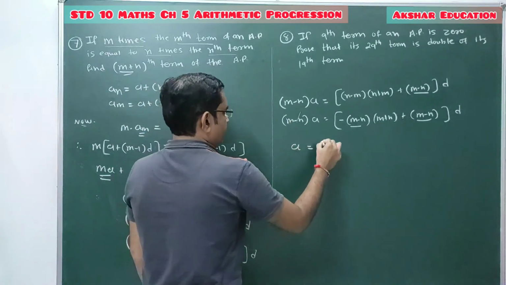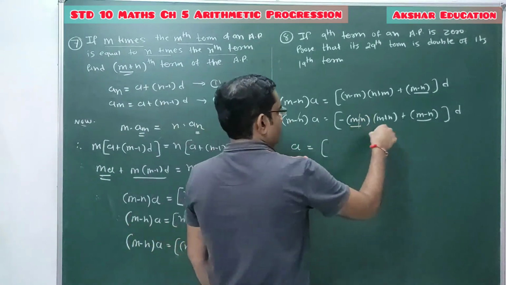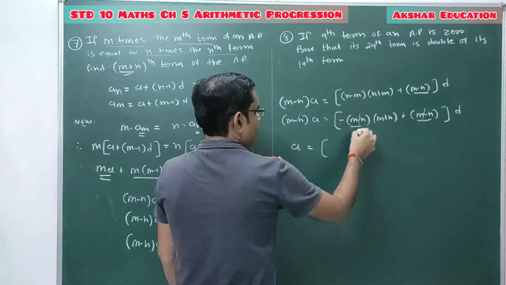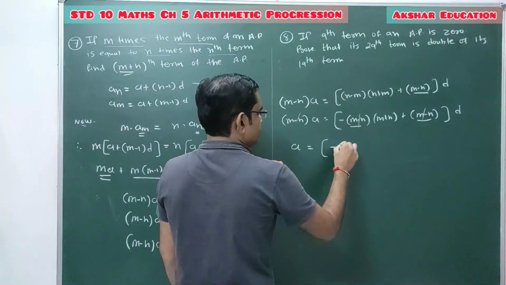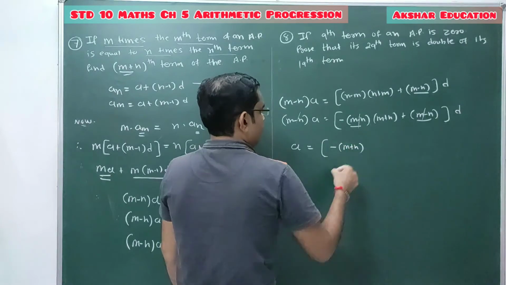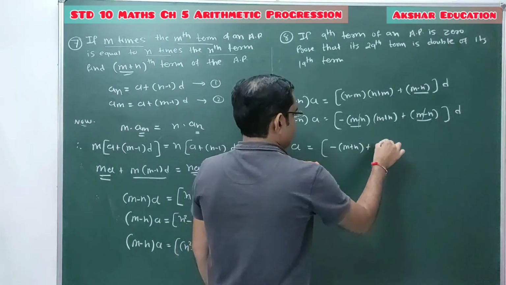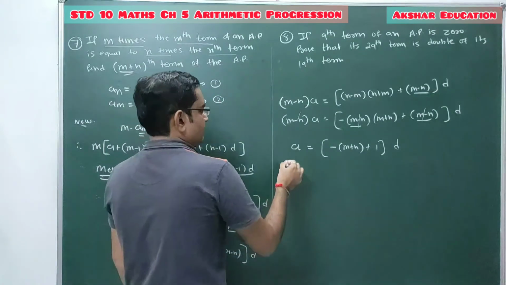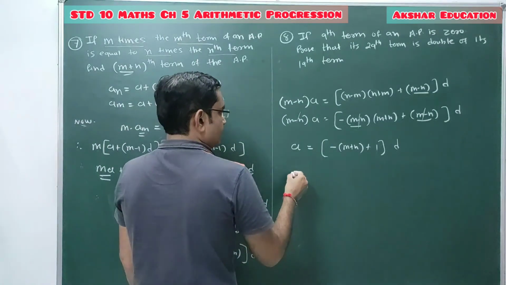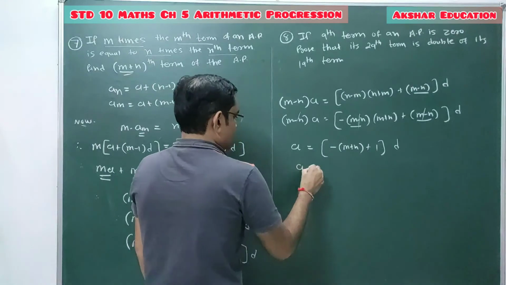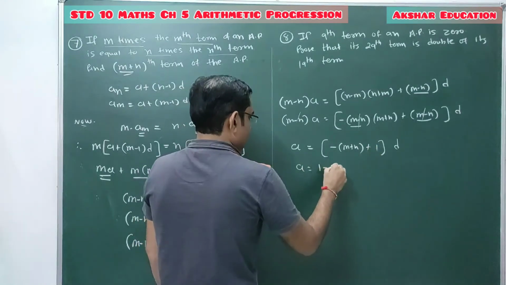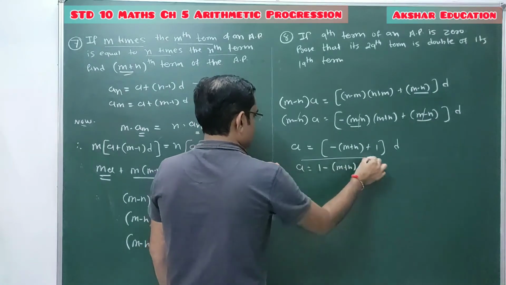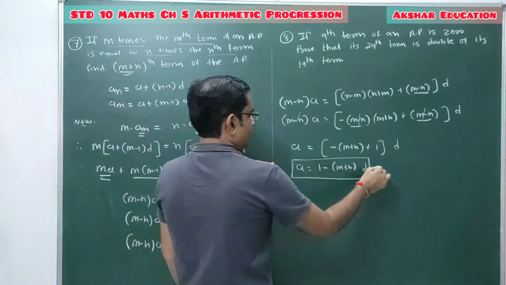So we are getting a equal to minus (m plus n) plus 1 into d. This is our first term. So we can write our first term as a equal to 1 minus (m plus n) into d. This is the value of first term.